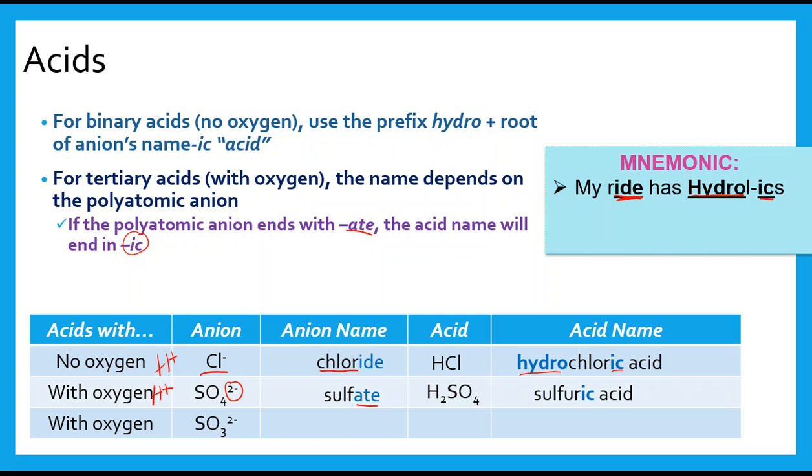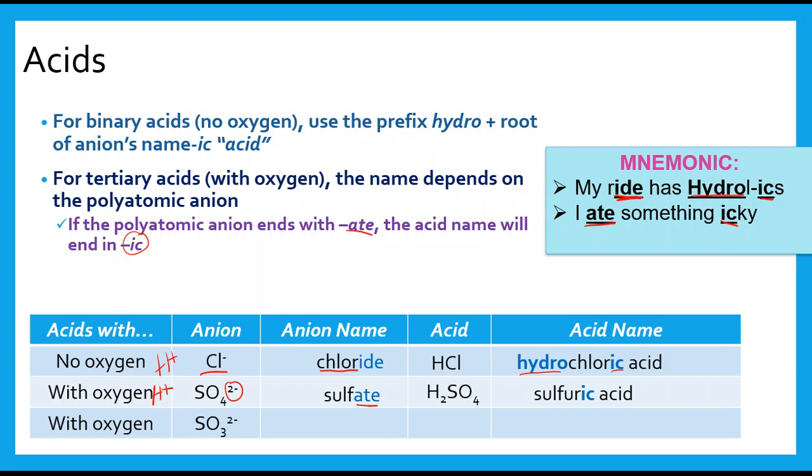We don't go phosphic acid, we say phosphoric. They don't drop the whole ending like they did on the other one. So phosphoric, sulfuric, those are the two that are a little tricky because they don't drop the entire name like you're used to doing. The mnemonic for this one is I ate something icky. So if it ends in ate, change it to ic.